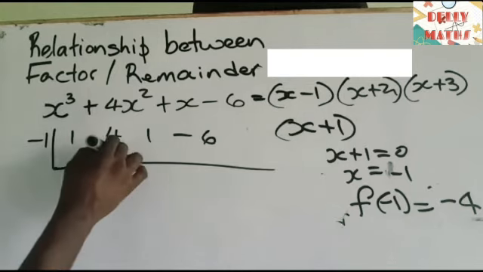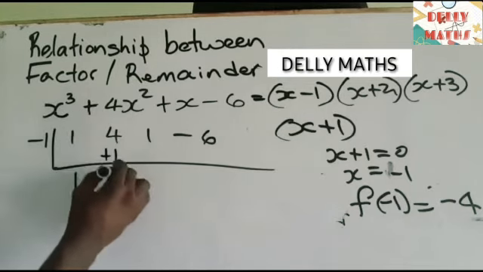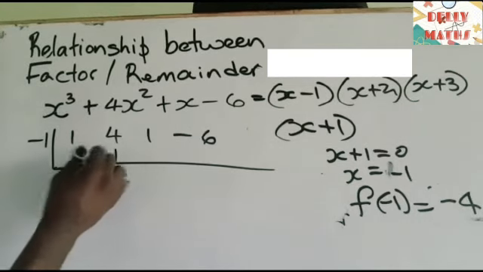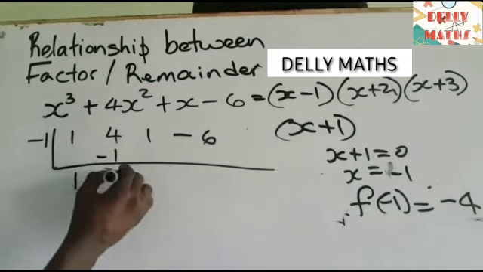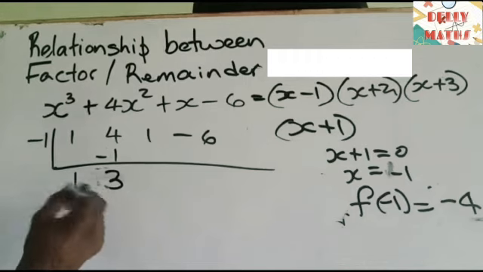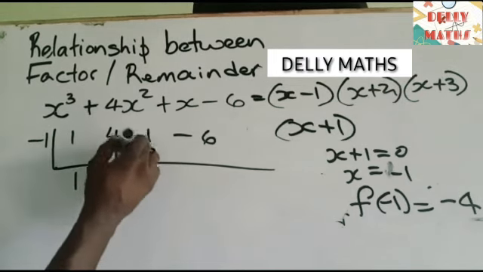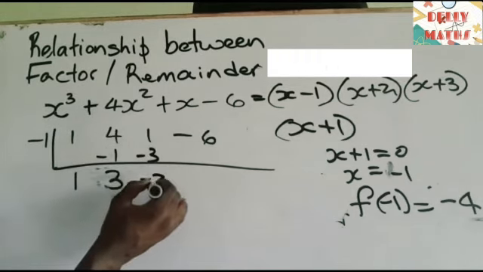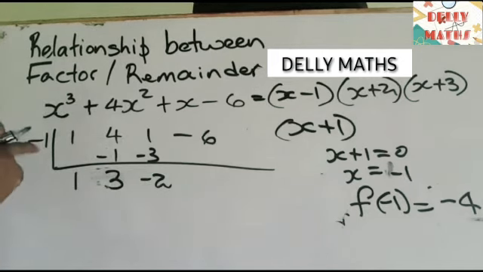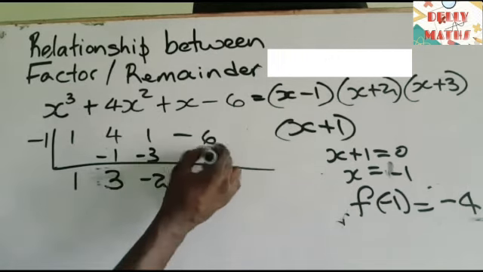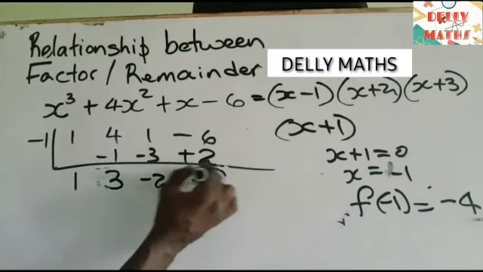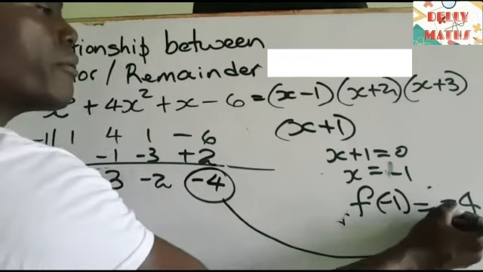Negative 1 times 1 is negative 1. Negative 1 plus 4 is 3. Negative 1 times 3 is negative 3. Negative 3 plus 1 is negative 2. Then negative 1 times negative 2 is positive 2. So negative 6 plus 2 is negative 4. You can see the negative 4 is coming back, this negative 4 right there.